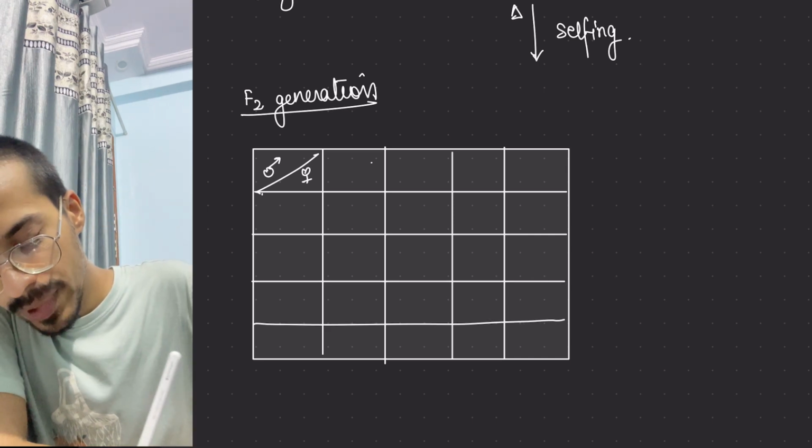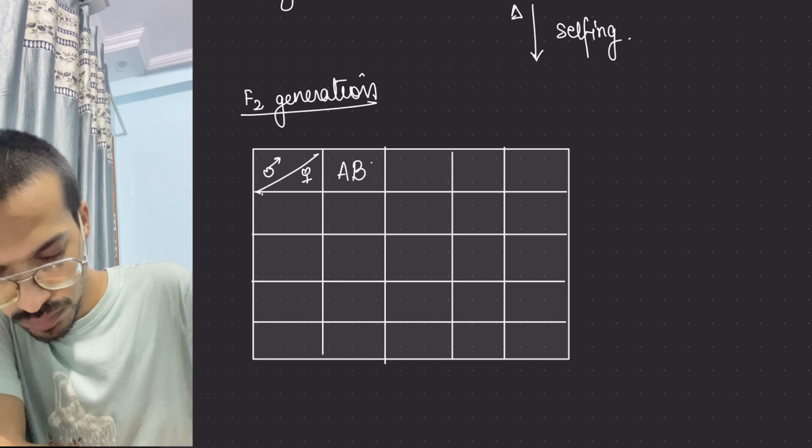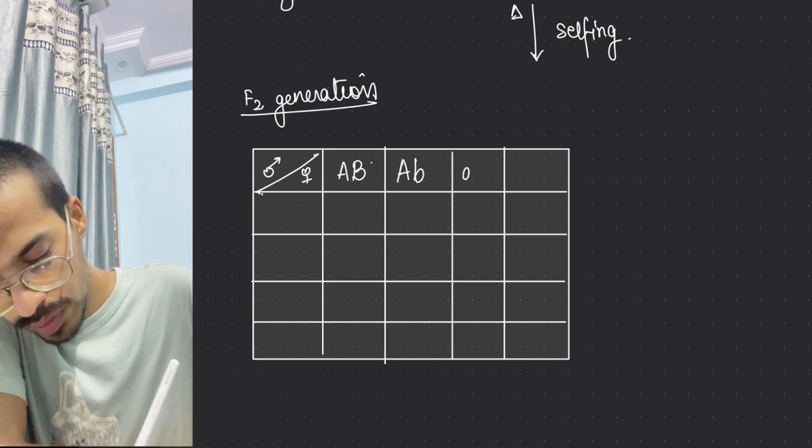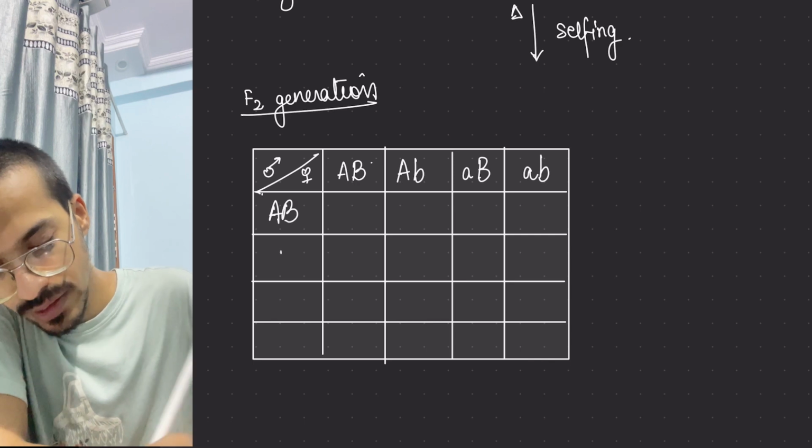So we have capital A, capital B, capital A small b, and so on. These will be the gametes. Once you practice it, you can also write it fast.